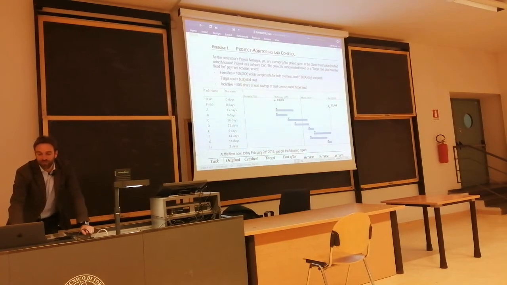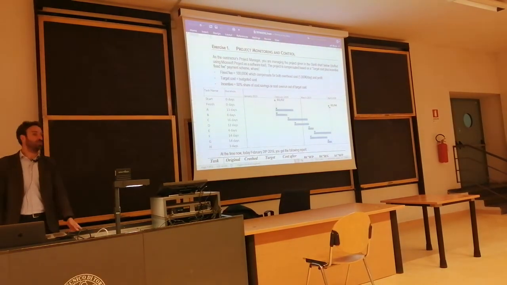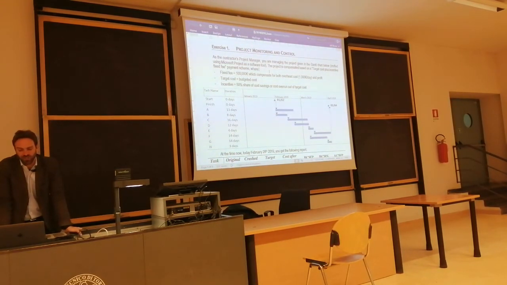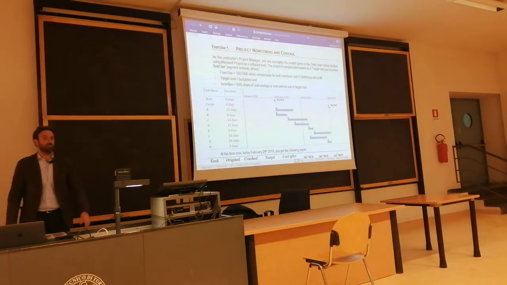As the contractor's project manager, you are managing the project given in the Gantt chart below, which was drafted using Microsoft Project as a software tool. The project is compensated based on a target cost plus incentive fixed fee payment scheme, where the fixed fee is worth €100,000, which compensates for both overhead cost and profit.